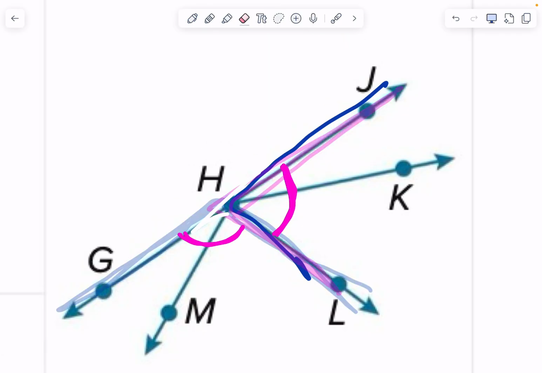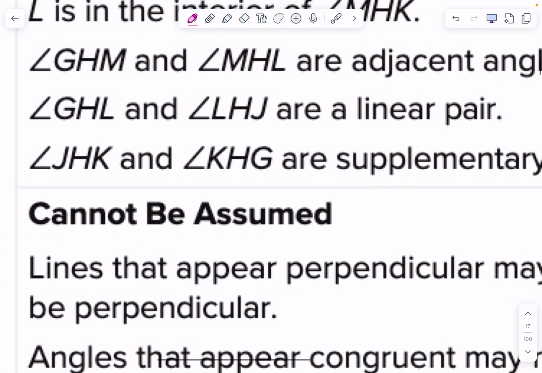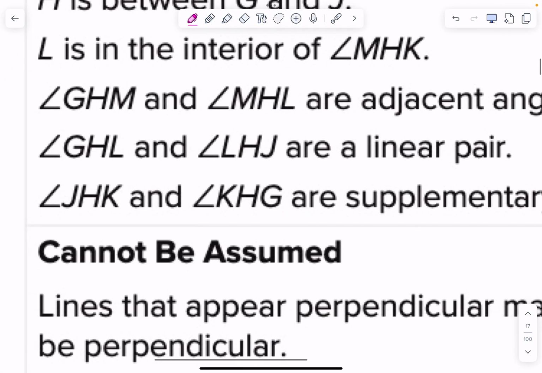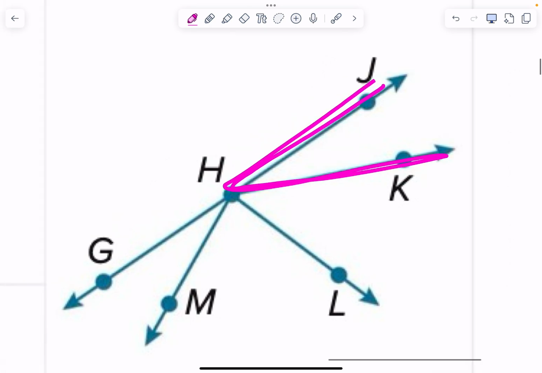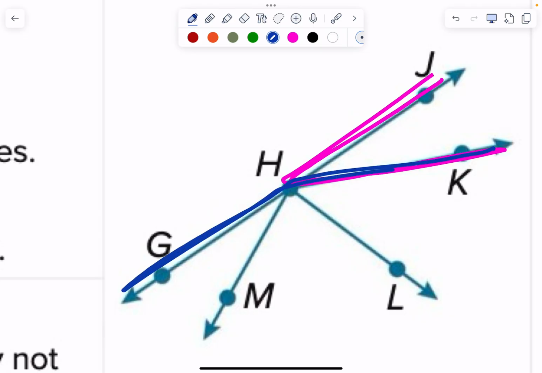Okay, I can assume that. Couple more things. JHK, this angle, and KHG, this angle, are supplementary. So this angle plus that one adds up to be 180. Those are also another linear pair, right?